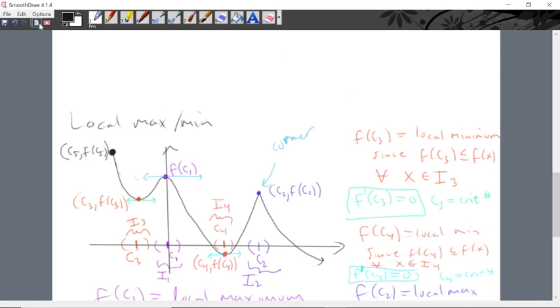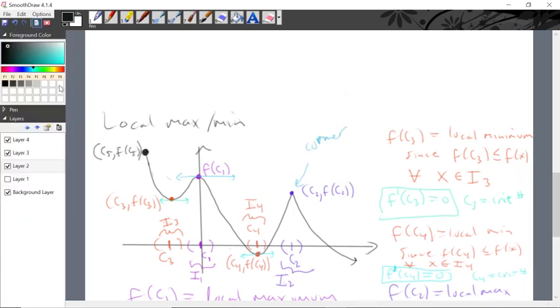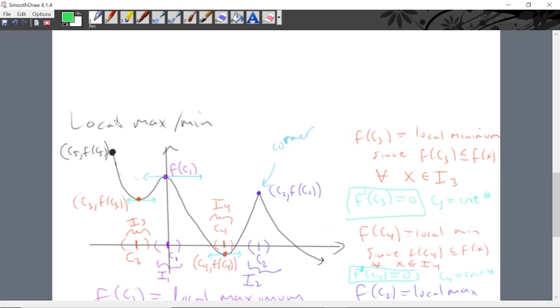Let's choose a different color for the absolute now. How about green, a nice solid green. This is all about finding local max and min, but now I'm going to throw in the absolute max and min. Well, it looks like f of C5 is the absolute maximum of the function f, the highest y value we attain over the whole domain.